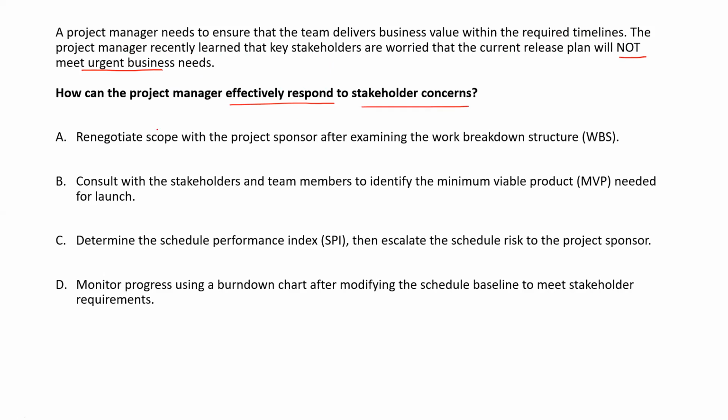Renegotiating the scope is the project manager's problem? Not at all. Consult with key stakeholders and team members to identify the MVP needed for the launch. Seems to be a better answer, but let's go next.